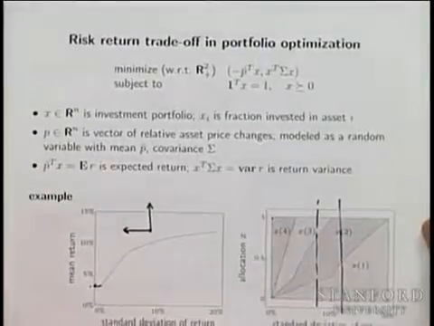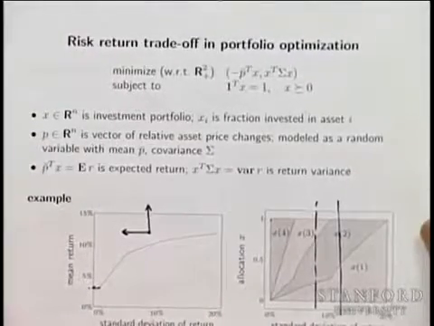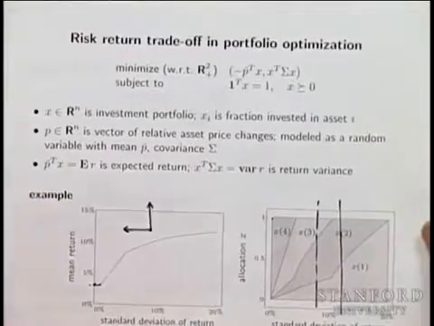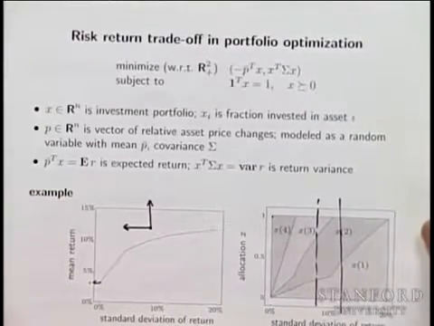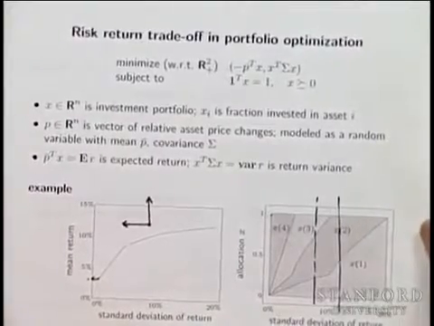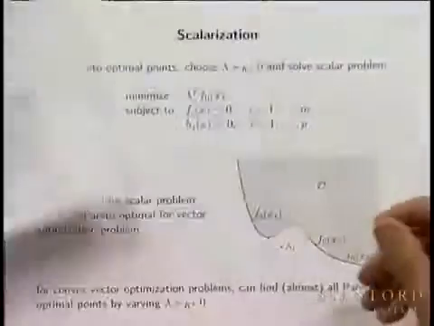Everything else would be down and to the right, meaning there are many portfolios to choose from, but all of them have lower return and higher risk, and one of those inequalities is strict. So that's what it would mean in that case. Obviously it doesn't happen in practice, but it could happen.